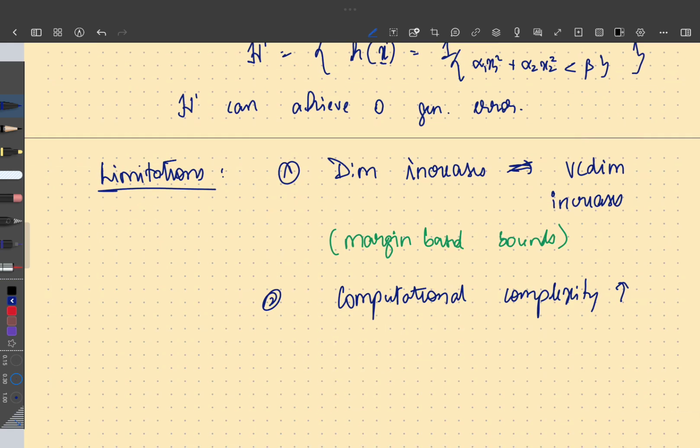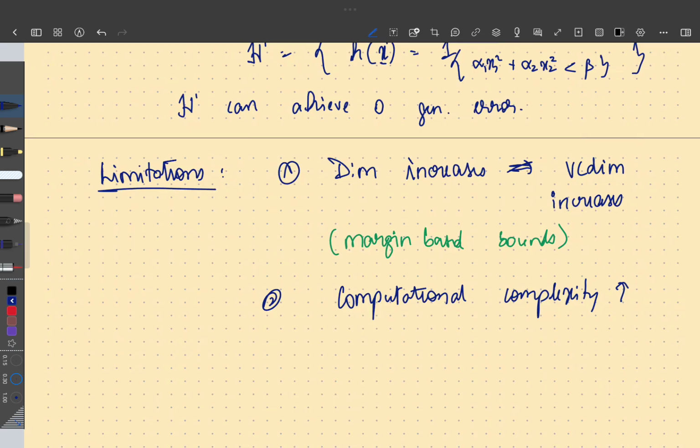Right? Because the computational complexity depends on two things. One, the dimension of the ambient space. The way we posed the support vector machine optimization problem, it depends on the dimension of the ambient space, and the second is the number of data points, because the number of data points will give the number of constraints.